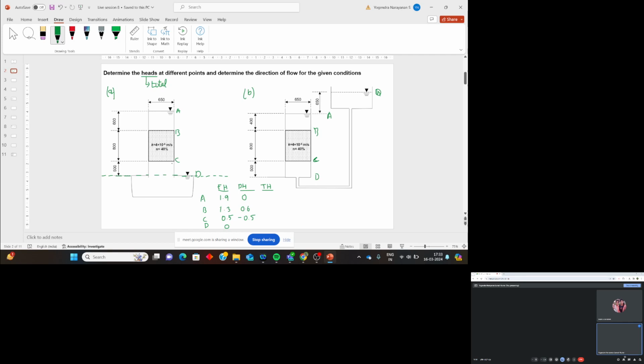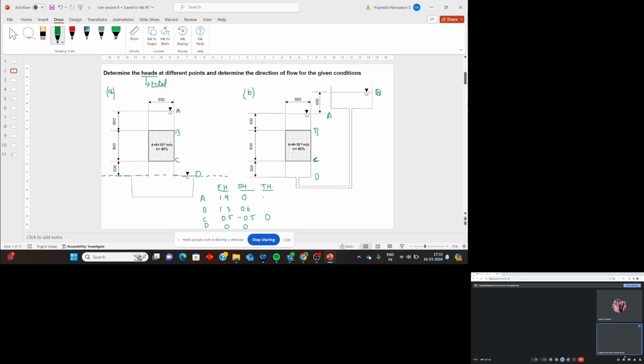Yes, sir. So if it is exposed to atmosphere, what will be the total head? It will be 0. So here total head will be 0. Now at point D, it will obviously be 0.